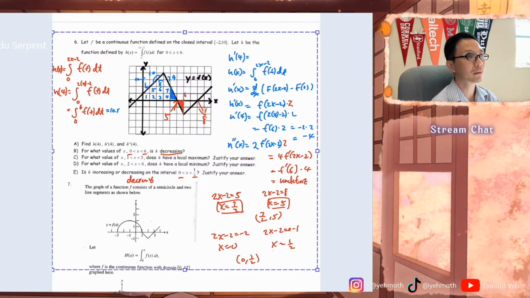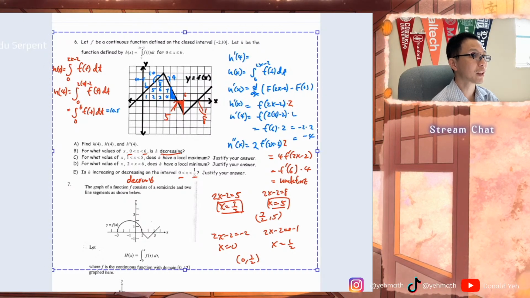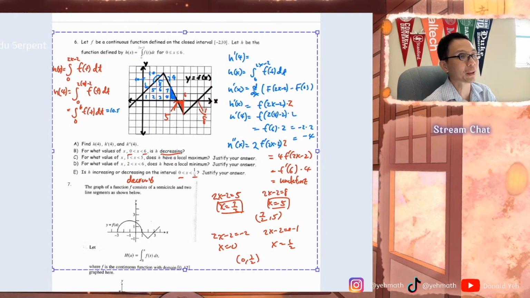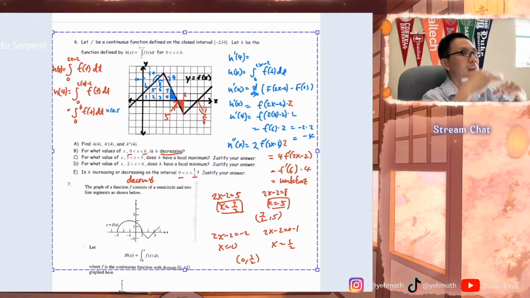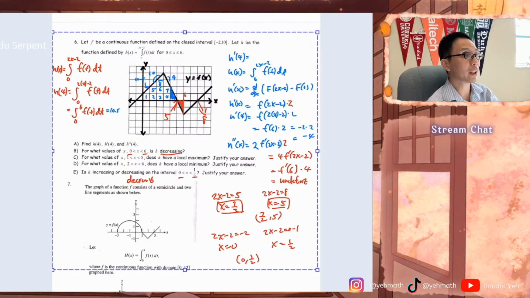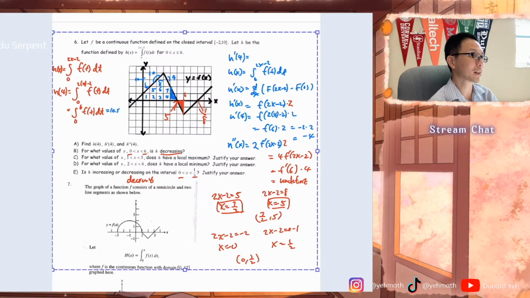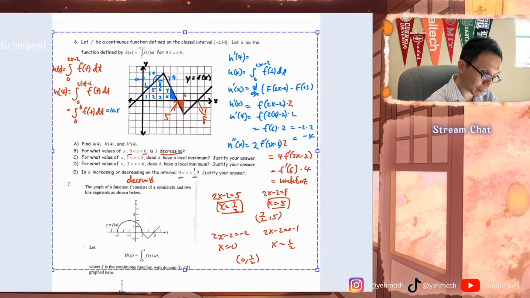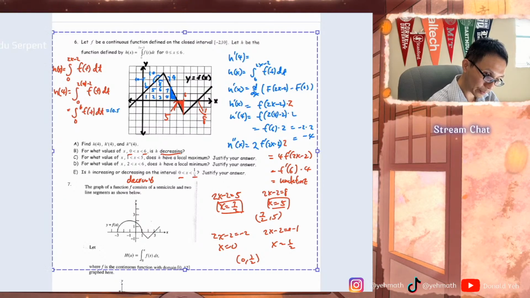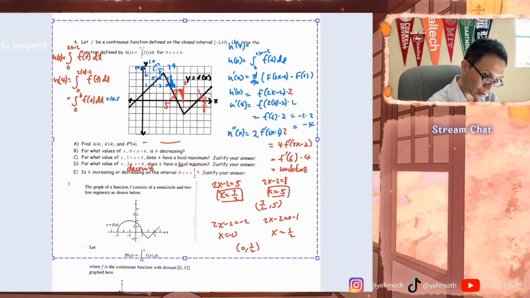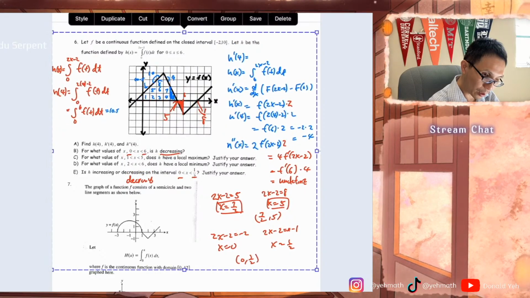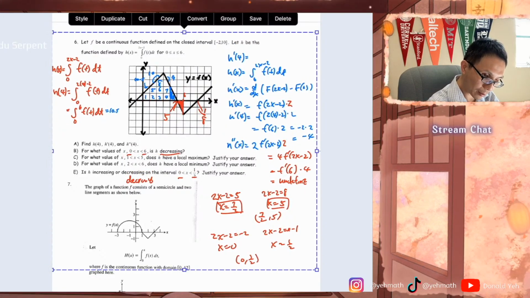The second derivative of h of x is equal to f prime of x, remember that we said? So if f prime of x is less than 0, that means concave down. Greater than 0 is concave up. Okay, questions about that?